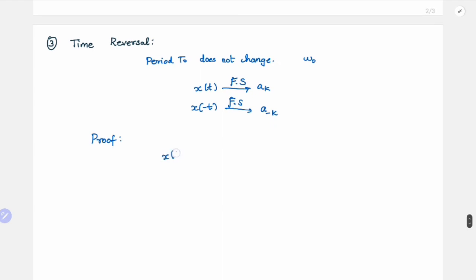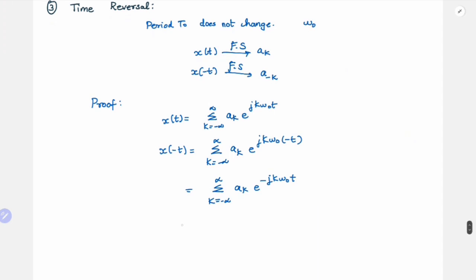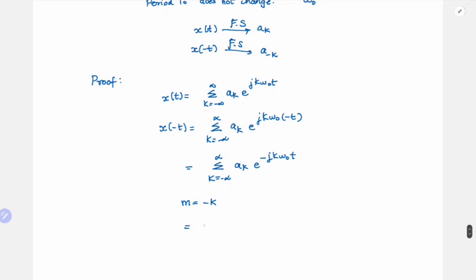What do we have? x of t is nothing but summation k equal to minus infinity to infinity ak e power jk omega naught t, right? And what about x of minus t? This t will just be replaced with minus t. So ak e power jk omega naught into minus t. So this is nothing but summation k equal to minus infinity to infinity ak e power minus jk omega naught t. We'll just use a change of variable, k to minus m.